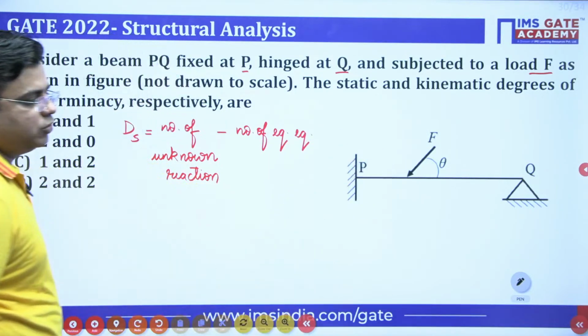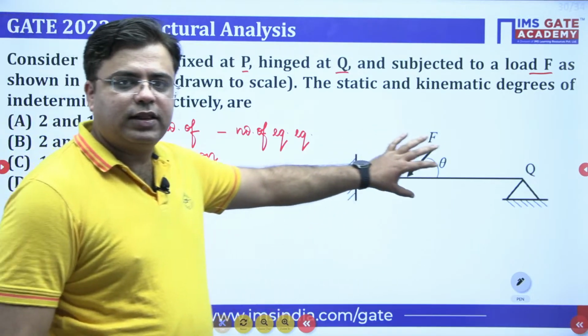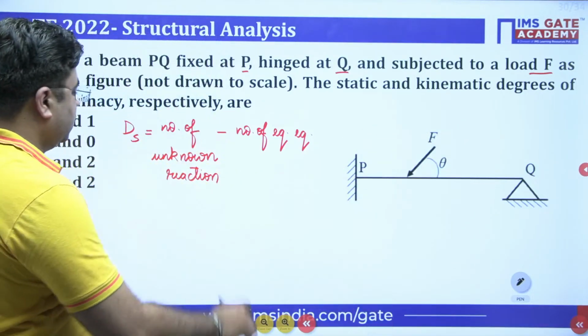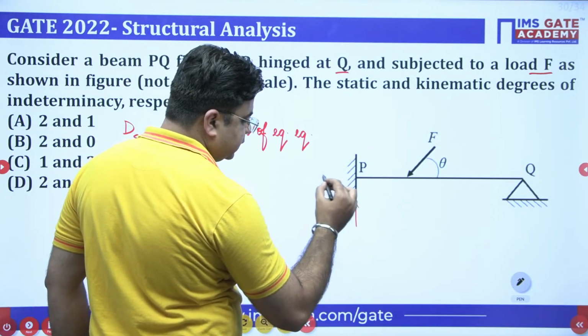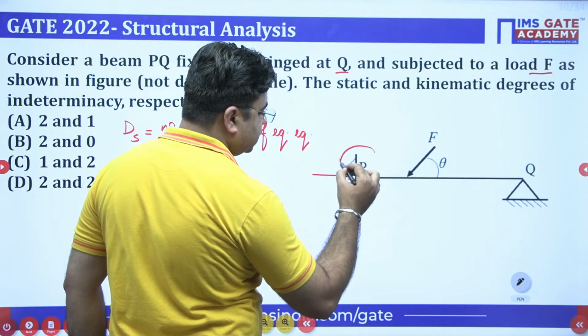Since no hybrid joint is there, we will not consider the effect of those. So how many unknown reactions are there? This is the fixed support, so 3 unknown reactions.